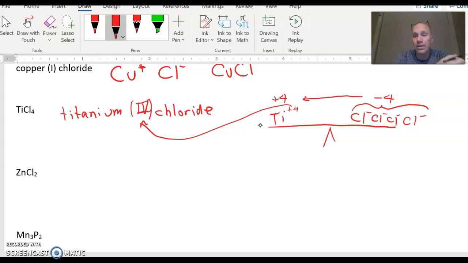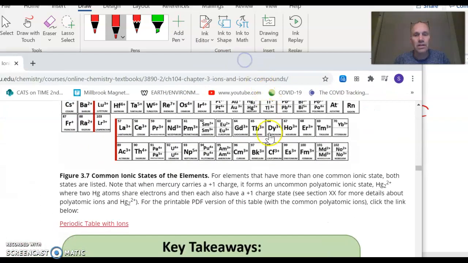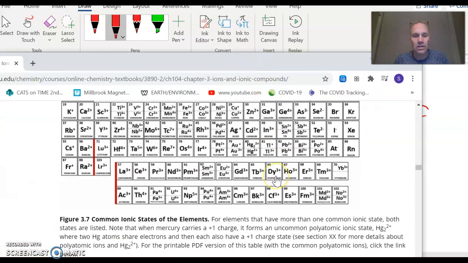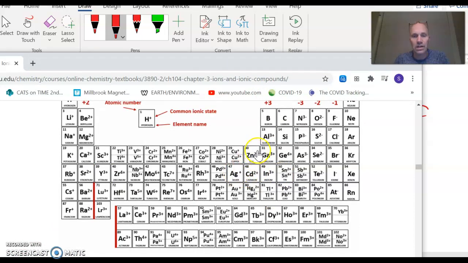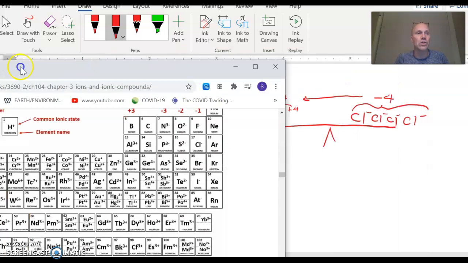I'm throwing this in there on purpose because you might be tempted to look at the periodic table and say, well, zinc is right here, so it's in the transition metals, and most of the transition metals need Roman numerals. This is that exception. It doesn't need it. We know that zinc has got a +2 charge.